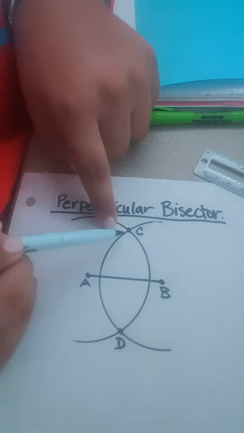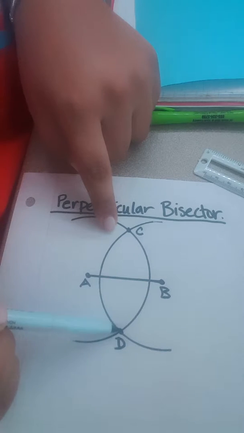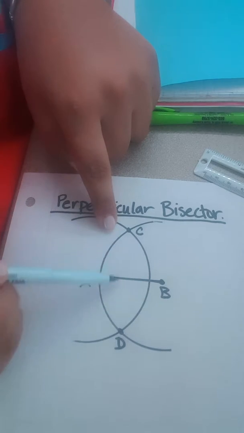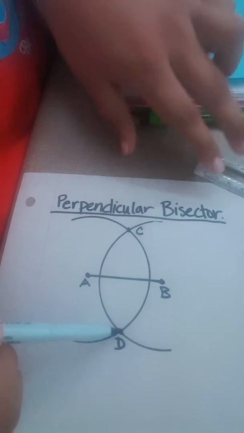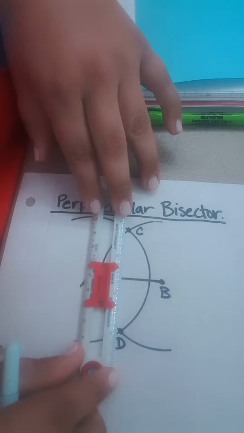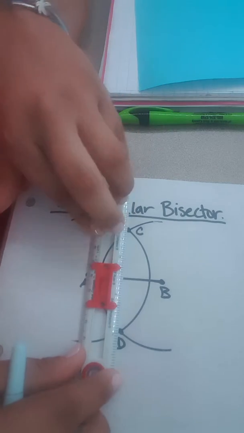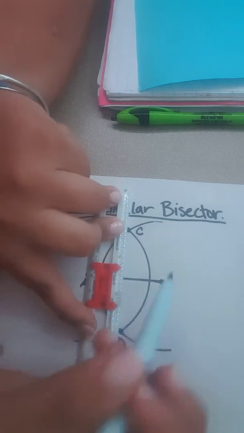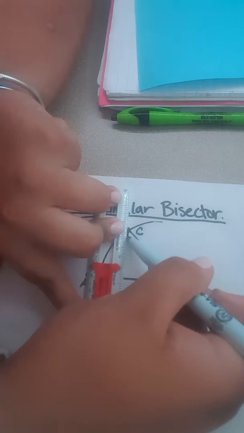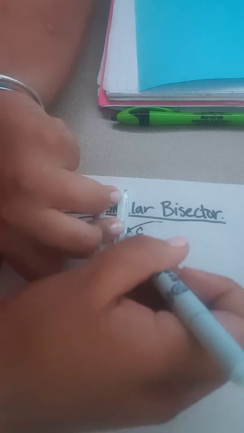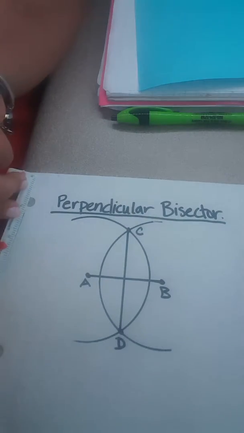So because C and D cut segment AB in half, we can simply just draw a line from C to D with a straight edge, and that's going to make a perpendicular bisector.